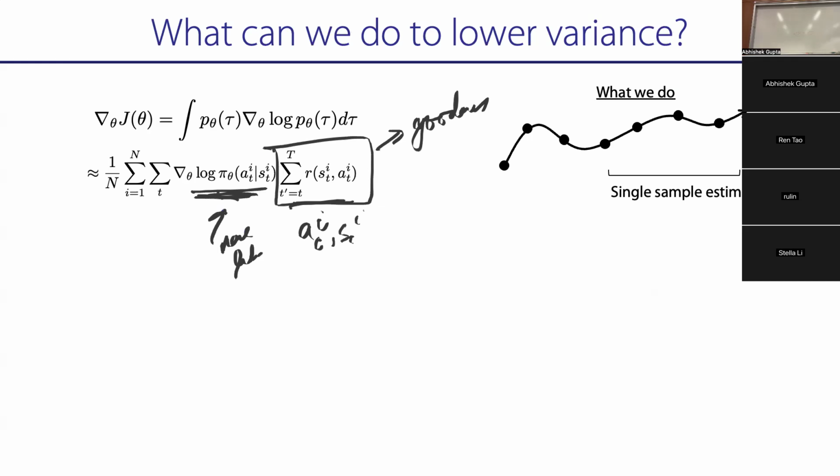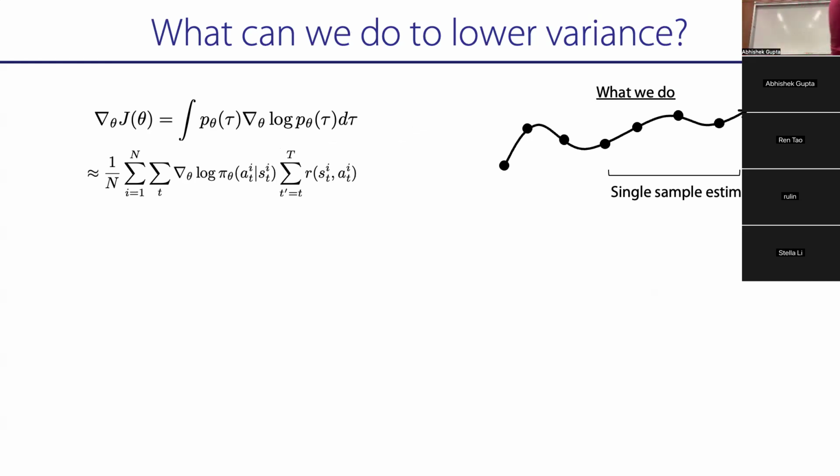So if you wanted to do more than a single sample estimate, how might we get there? How might we do a non-single sample estimate? Let's not think about practical algorithms right now. If you wanted to be impractical, let's say you had lots of Oracle access in the environment, you could do whatever you wanted.